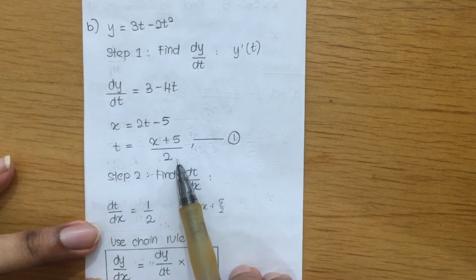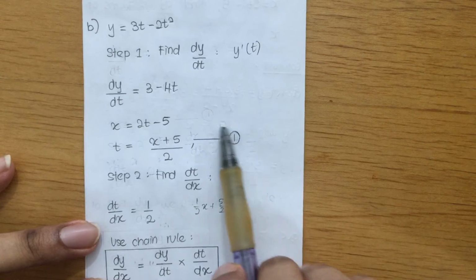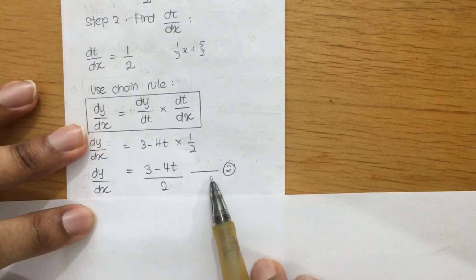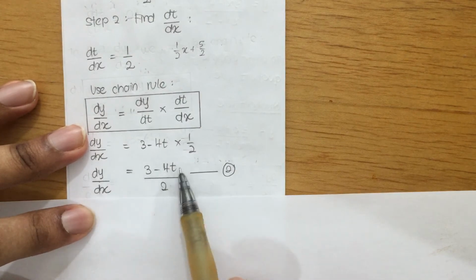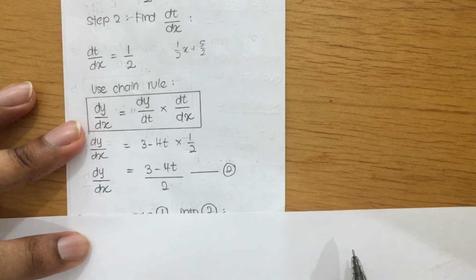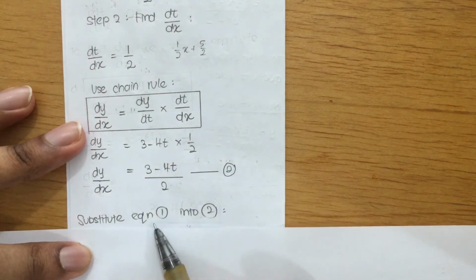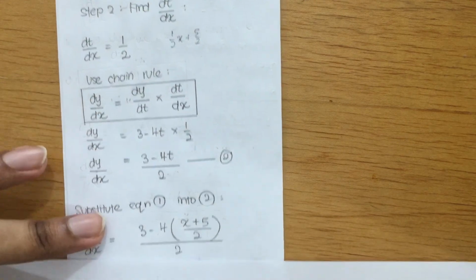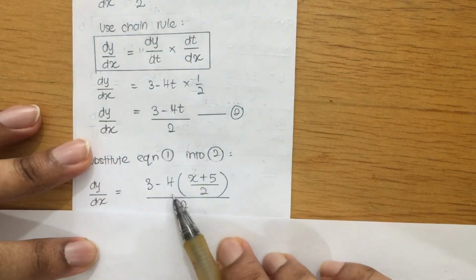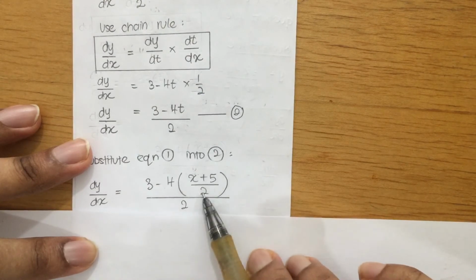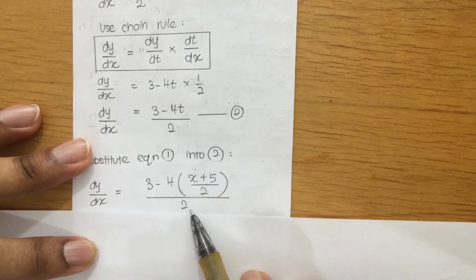For the next step, we're going to substitute equation 1 into equation 2, so we find dy/dx in terms of x. So dy/dx equals (3 minus 4 times t) divided by 2, where t is equal to (x plus 5) over 2, so we substitute it in the bracket.